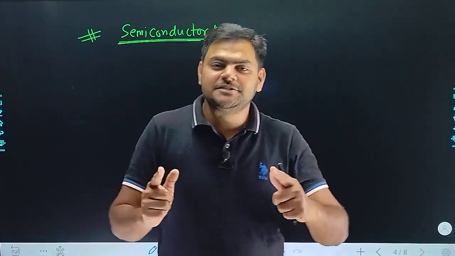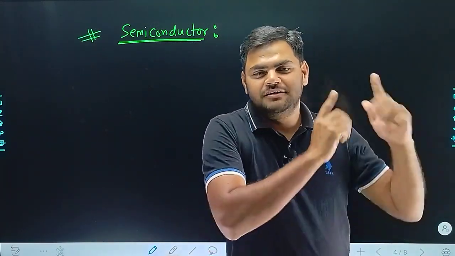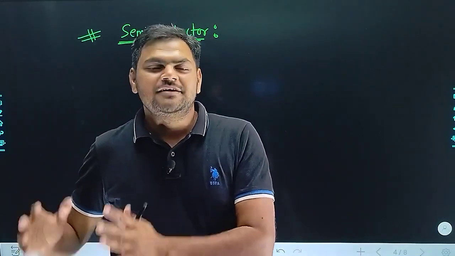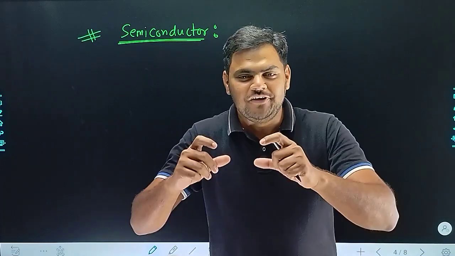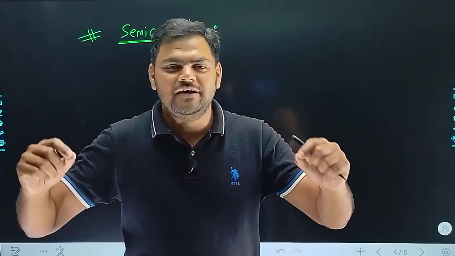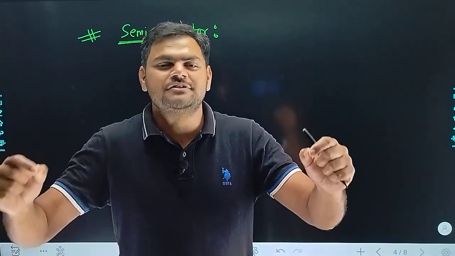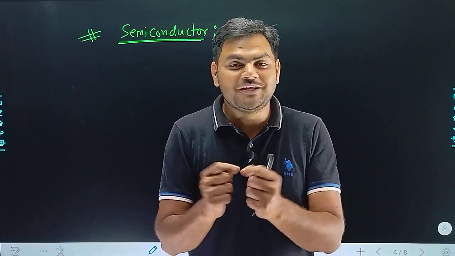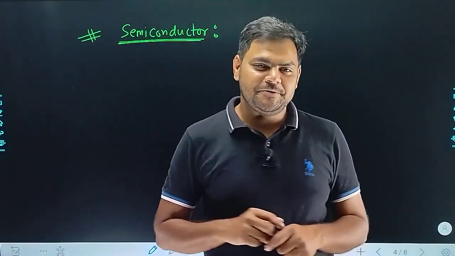So we can make it a material which has high resistance providing low current, and we can also make it a material having low resistance and providing high current. We can also make it a moderate element which moderately allows the flow of current and offers a decent resistance, which means we can control the conductivity of the material. That wonderful material is the semiconductor.